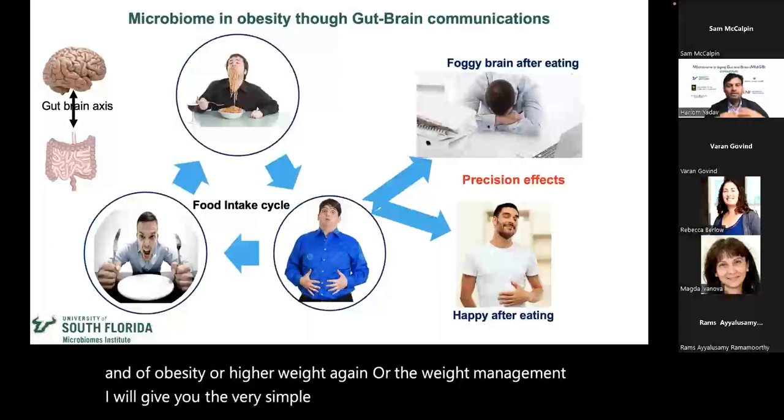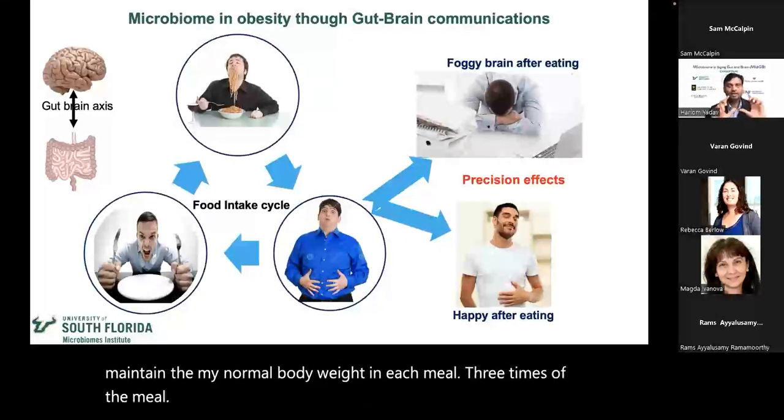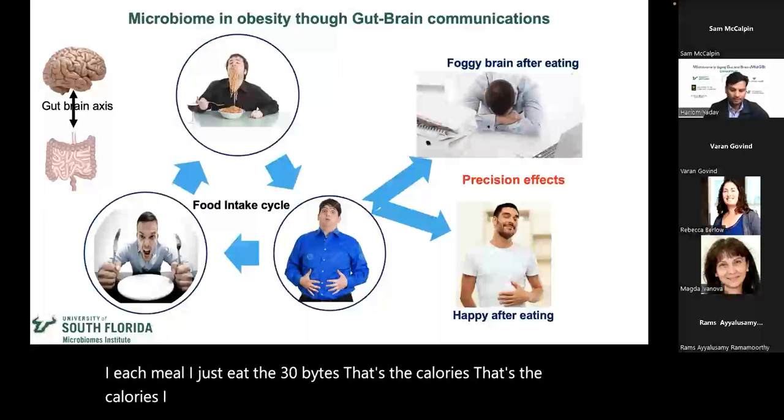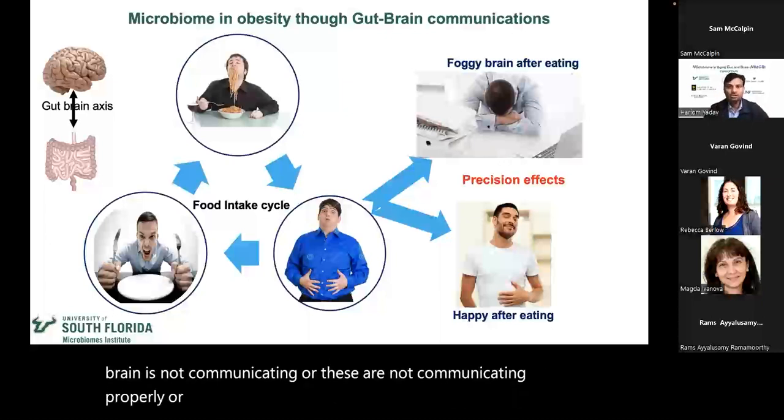Let's say to maintain my normal body weight, in each meal, three meals a day, I just eat 30 bites. That's the calories I need in total for my day. Now think about if my gut and brain are not communicating properly, or the communication is slow.